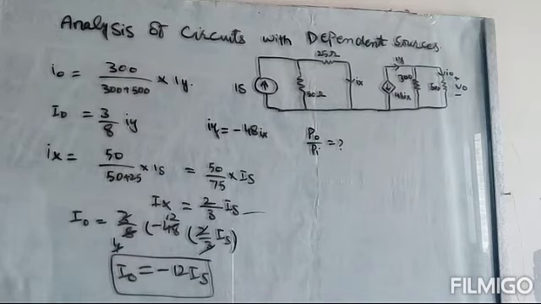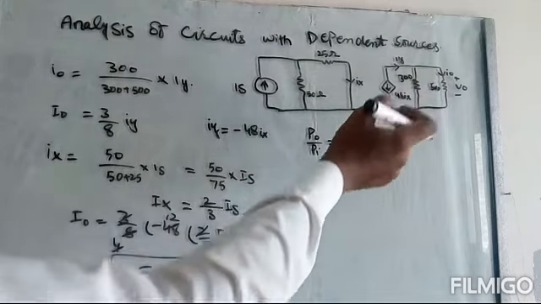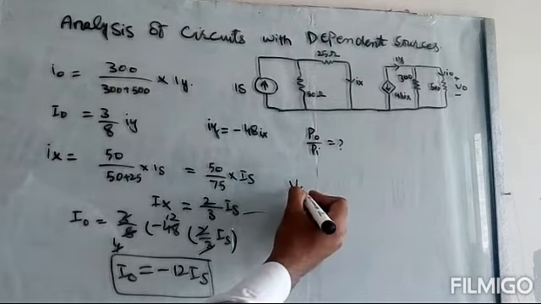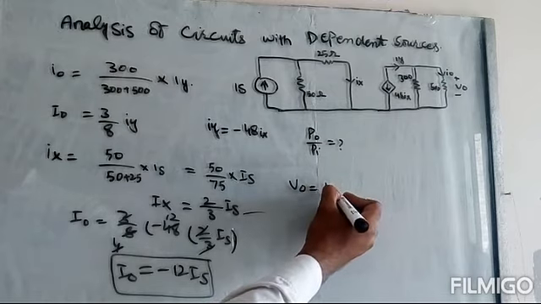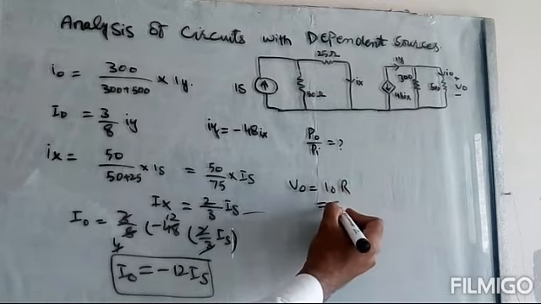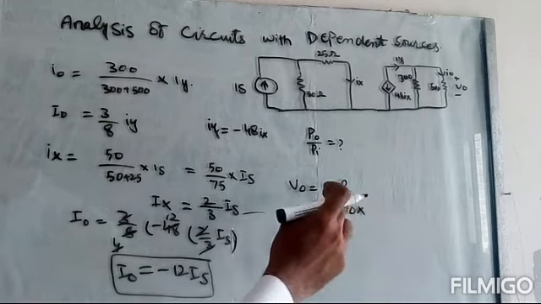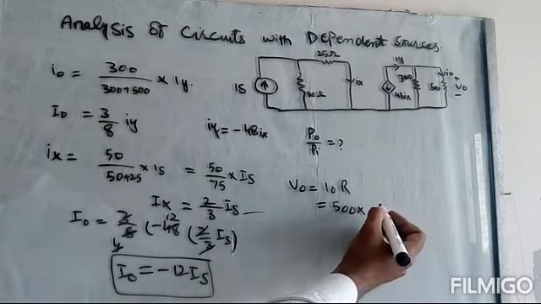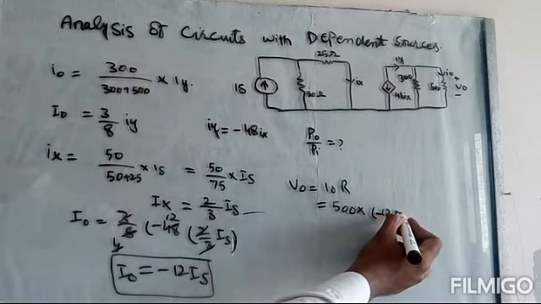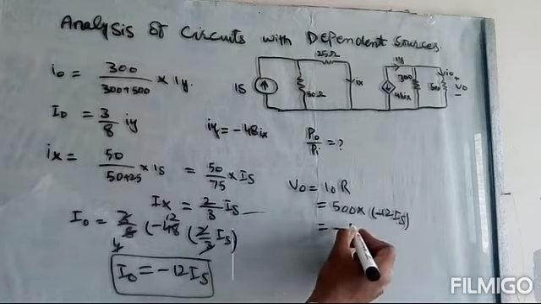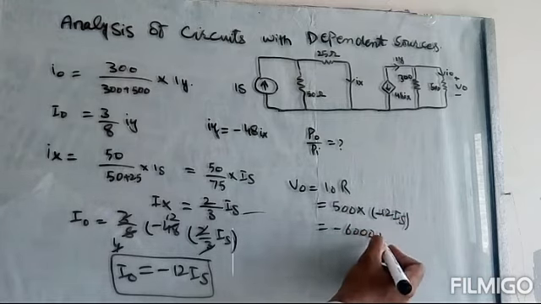Now we want to find the output voltage. So we have the current, we have the resistance, so V naught will be equal to I naught multiplied by R. So 500 is the resistance multiplied by I naught, which is minus 12 Is. So it will come minus 6000 Is.